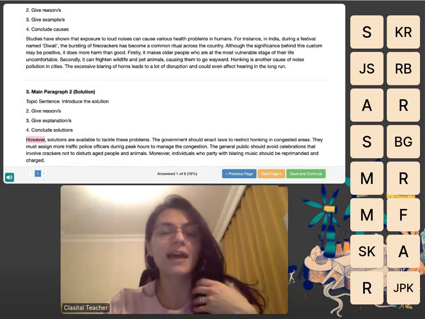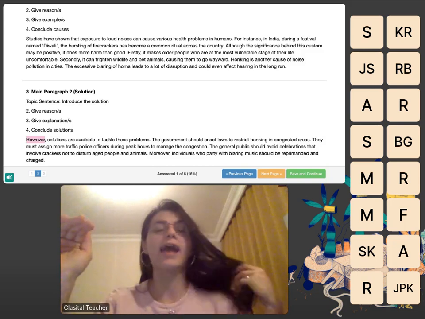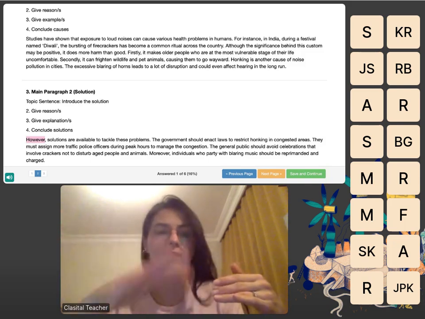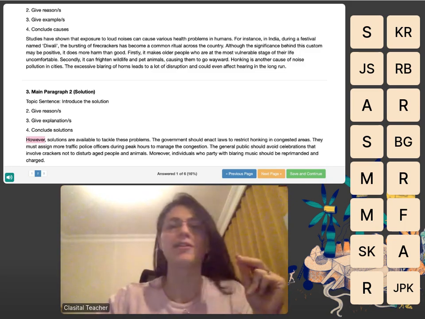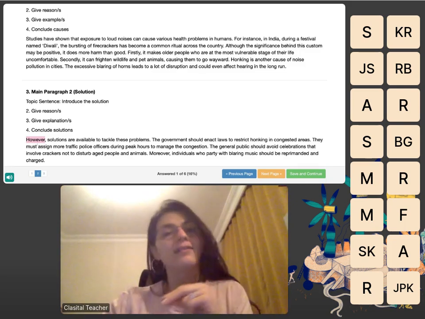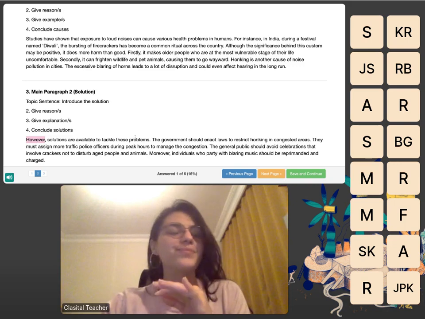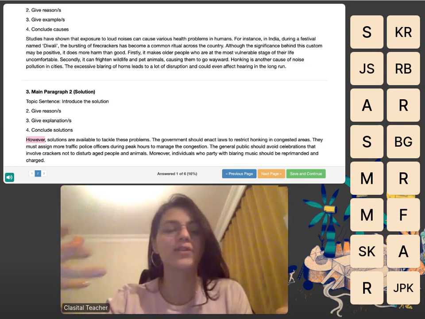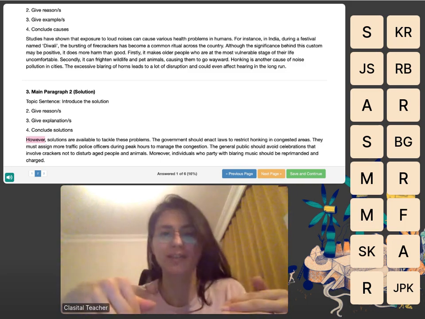We need to give that contrasting linking word at the beginning of the second body paragraph, saying, yes, there are these problems in the first body paragraph, but there are also solutions. So we need to tell the examiner that we're moving on to the solutions now.